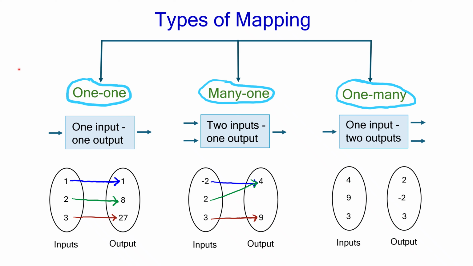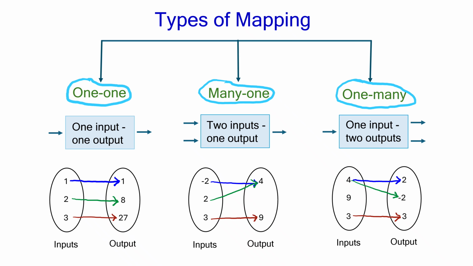Two sets are given, inputs and output. It is given 4 goes to 2 and also 4 maps on -2 and 3 maps on 3. Here, one input, two outputs. So we can see one input, more outputs. So this is an example of one-many mapping.